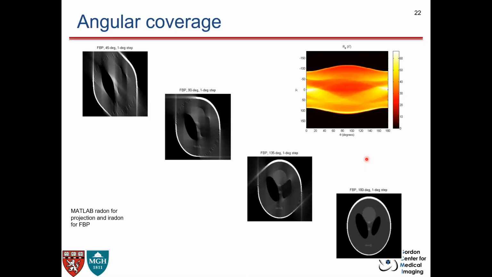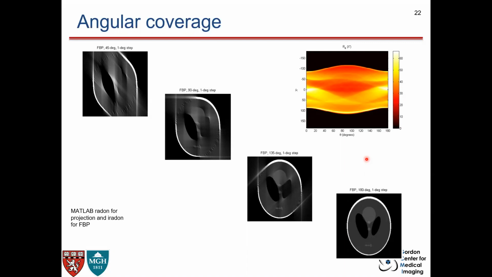So from top left, this is FBP with 45 degrees of angular coverage, meaning the detector was moved from one location and covered only 45 degrees around the patient instead of 360 or 180.